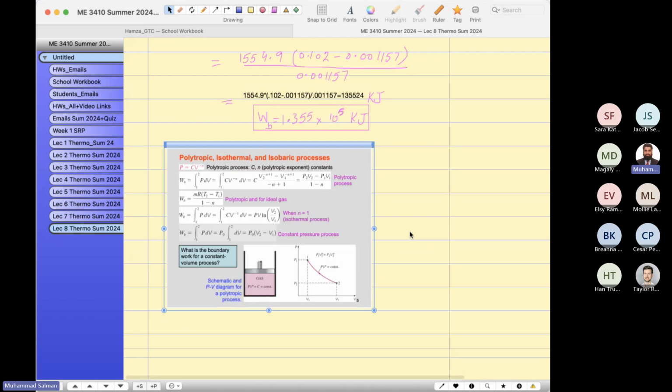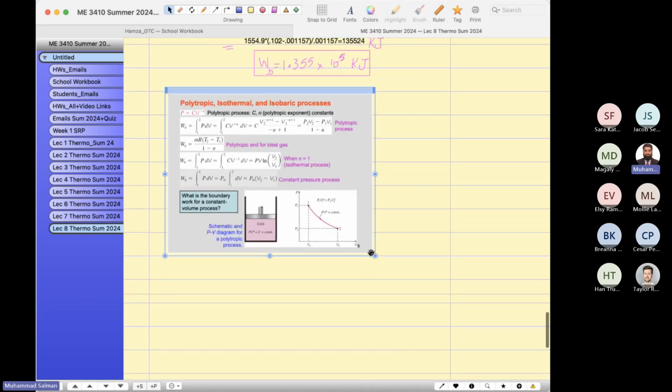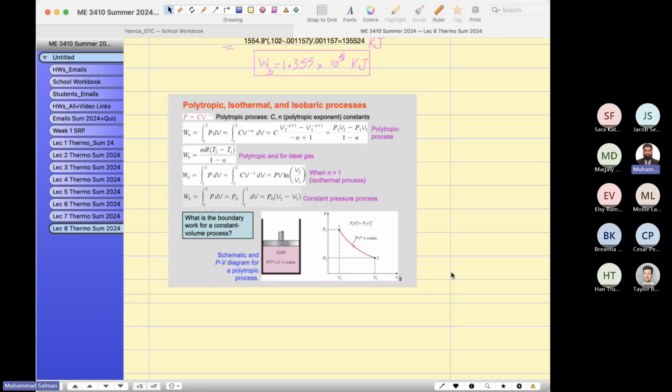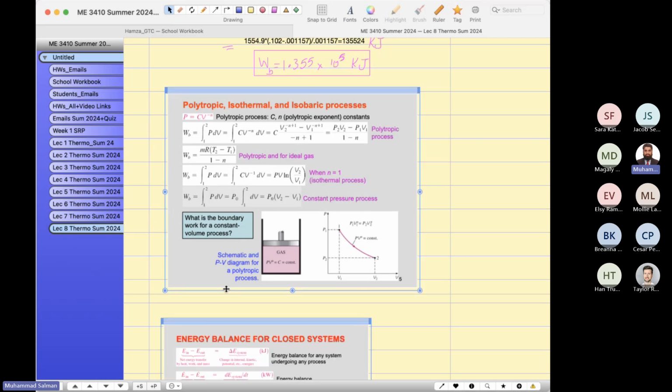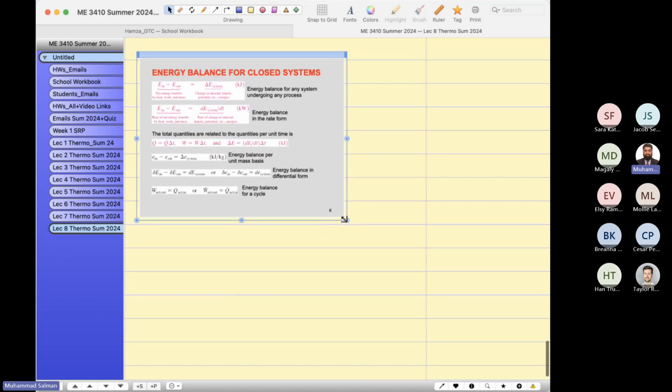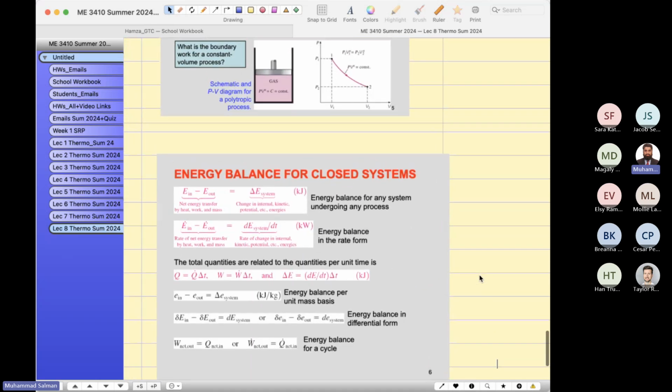This slide is nothing but how to derive the boundary work done of different processes: polytropic, isothermal, constant pressure, and so on. The next slide tells us how to apply the first law, which is the law of conservation of energy.